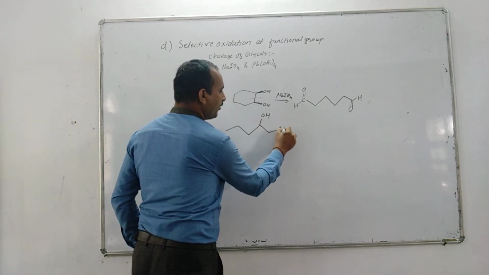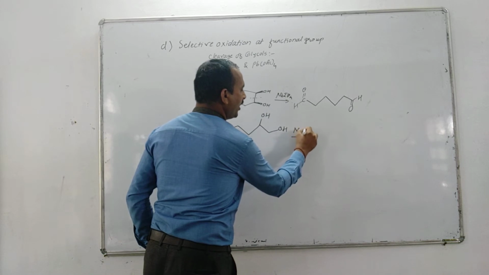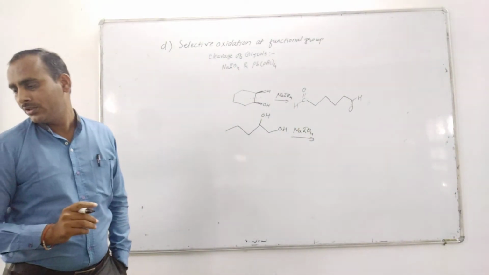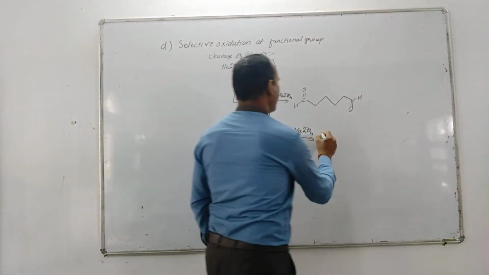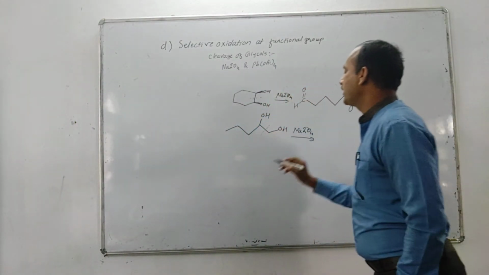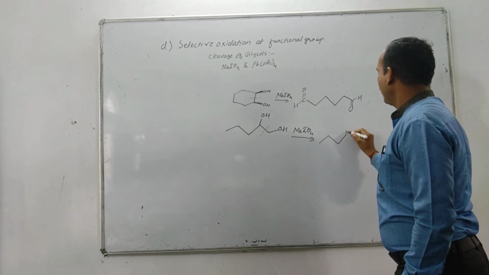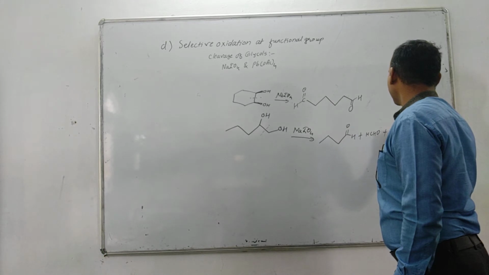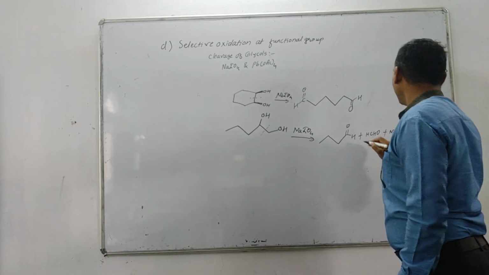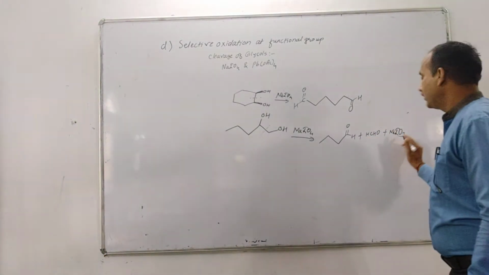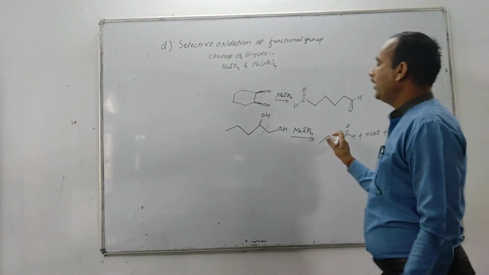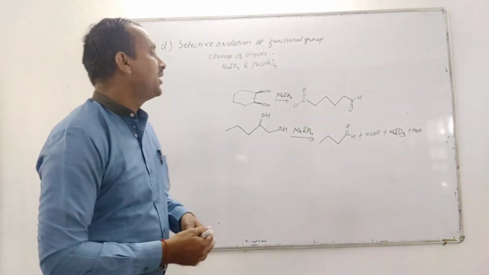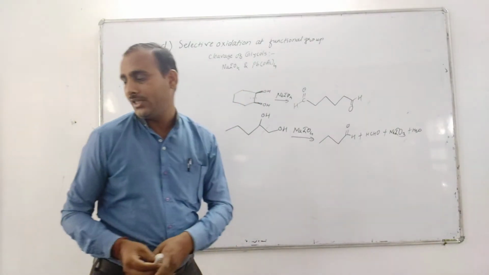OH, NaIO4 sodium periodate. Now here again cleavage of this bond takes place to form the 4 carbon aldehyde, and plus one formaldehyde plus NaIO3 and water.